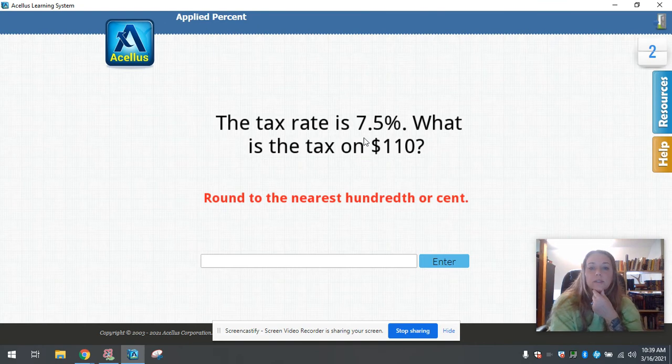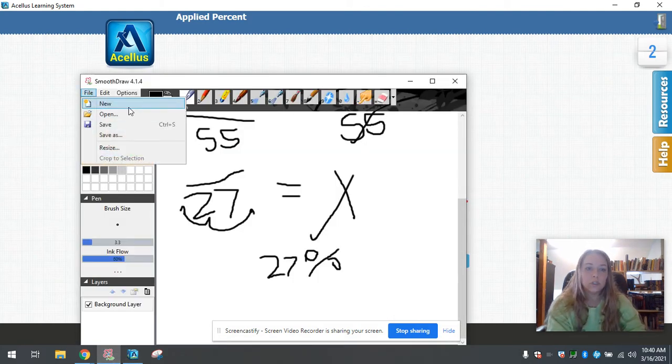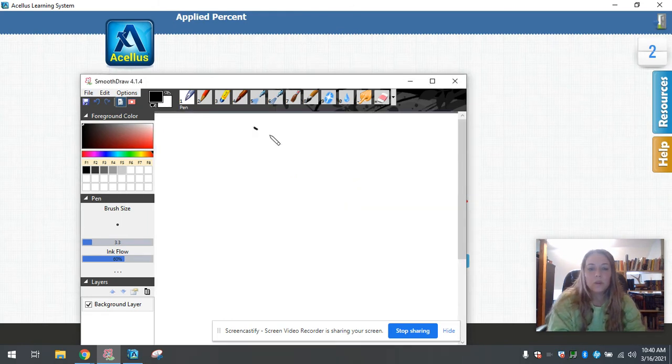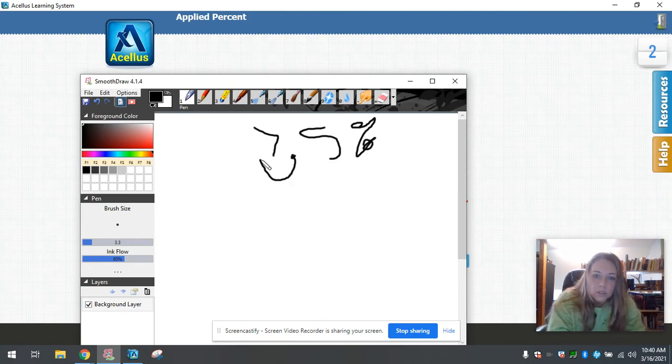The tax rate is 7.5%. What is the tax on $110? So let's pretend we're buying a nice pair of boots. They're $110. That's what the price tag says. Let's figure out how much the cashier is going to tell me the tax is. So first thing I need to do is take the 7.5% and turn it into a decimal. We do that by moving the decimal to the left twice to go from a percent to a decimal.